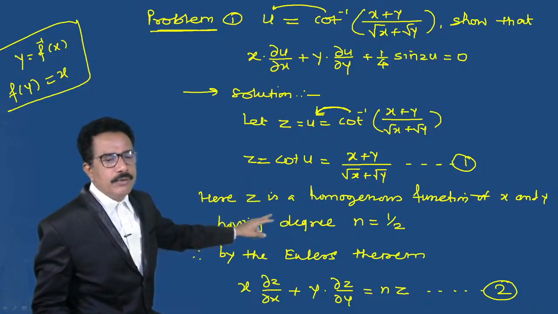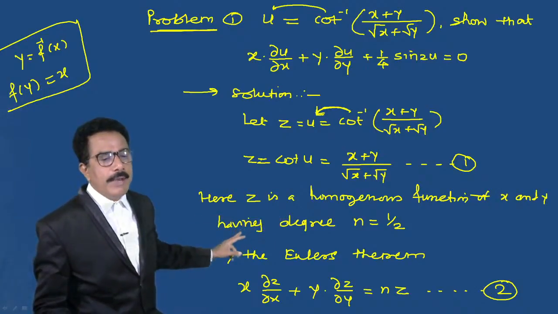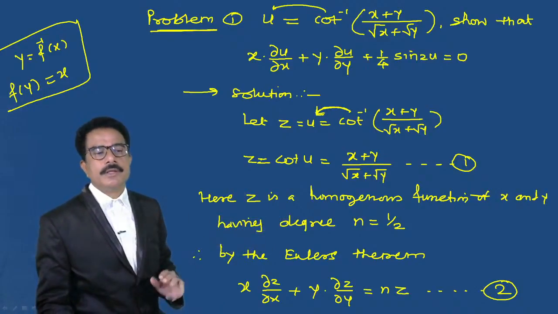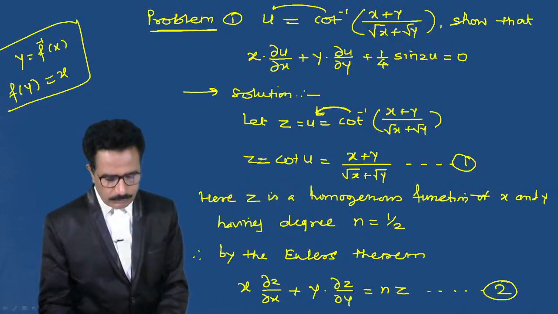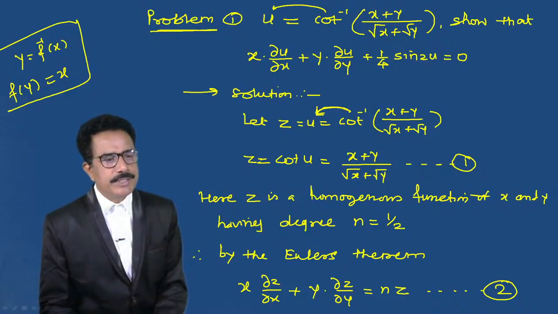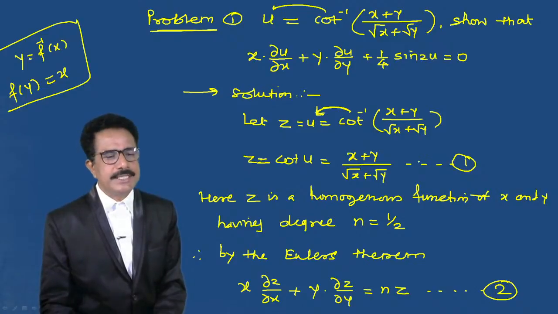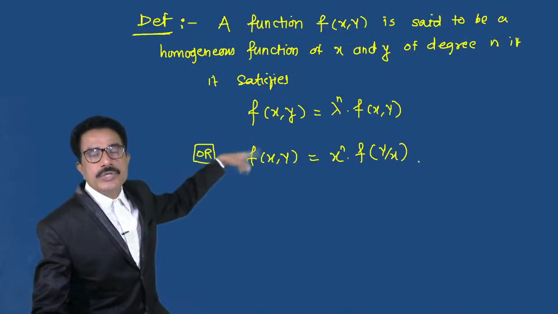Here z is a homogeneous function of x comma y having a degree 1 by 2. आता होमोजेनियस फंक्शन कशामुळे आहे लक्षात ठेवा, मी बाजूला तुम्हाला सॉल्व करून दाखवतो. Why we can say that this is a homogeneous function. तर आपल्याला होमोजेनियस फंक्शन कसं दाखवायचं हे तर ऑलरेडी झालेलं आहे. दोन्ही पद्धतीपैकी एका पद्धतीने तुम्ही होमोजेनियस दाखवू शकता.